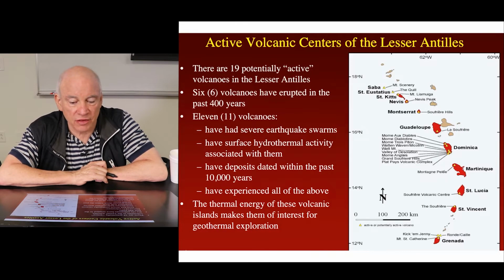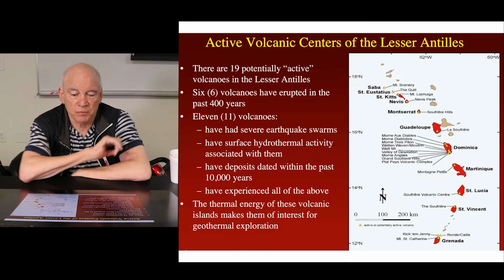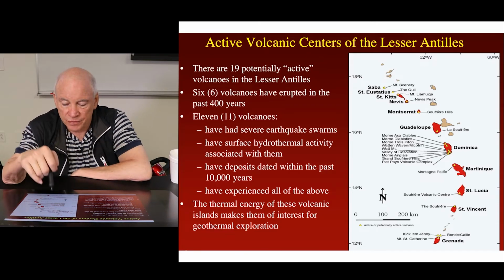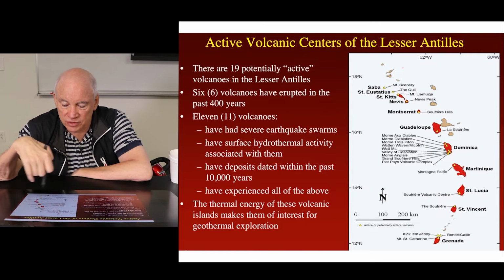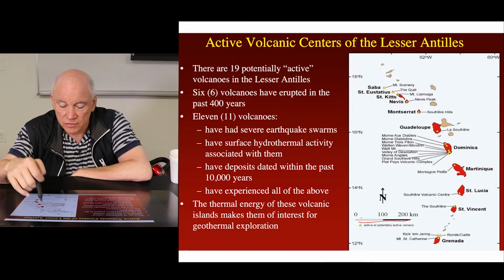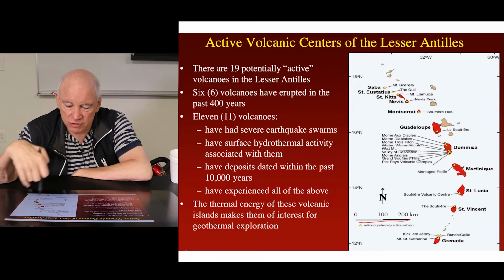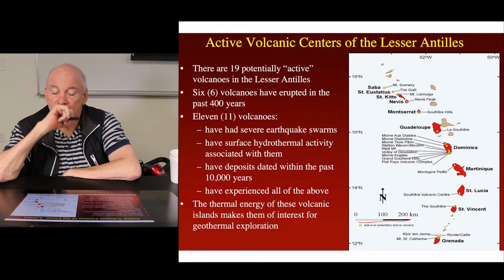All right, now there are lots of volcanoes in the Lesser Antilles too. There are 19 potentially active volcanoes in the Lesser Antilles, so that's 200 kilometers, 120 miles. So what are we looking at here? Like 800 kilometers from north to south, or 500 miles.